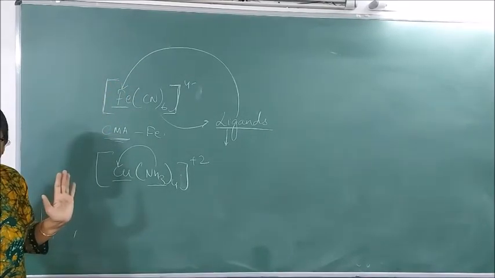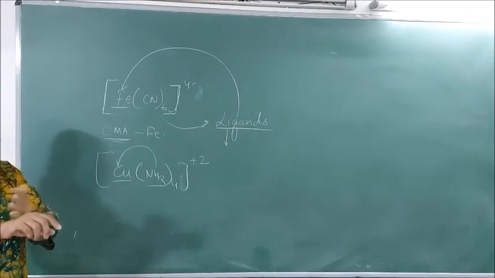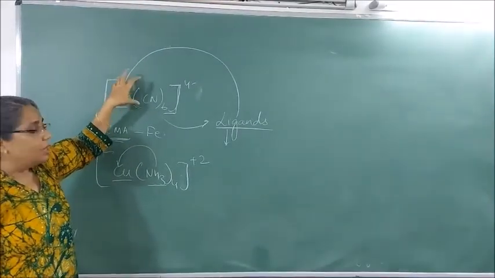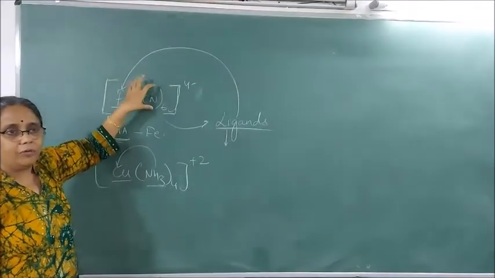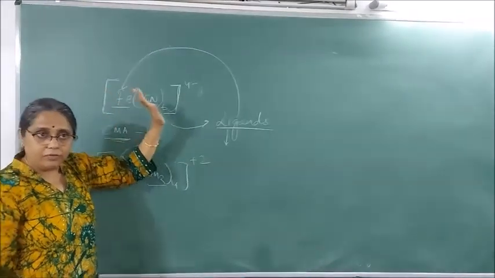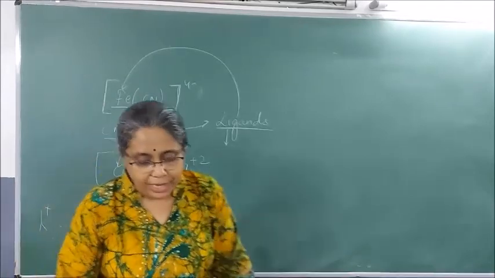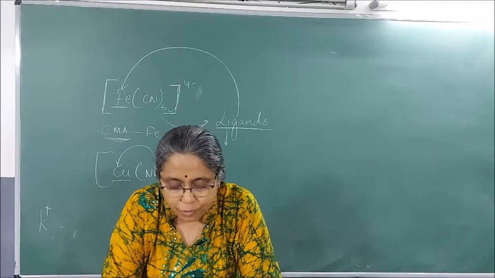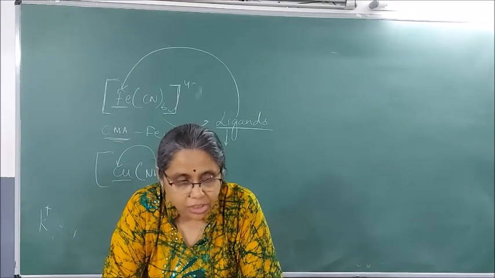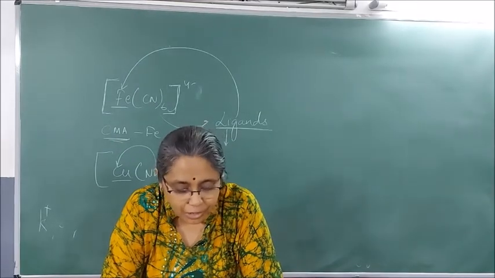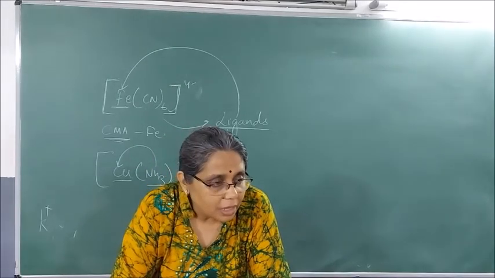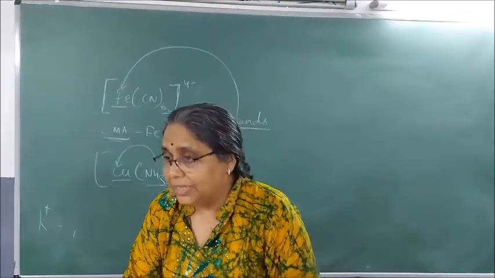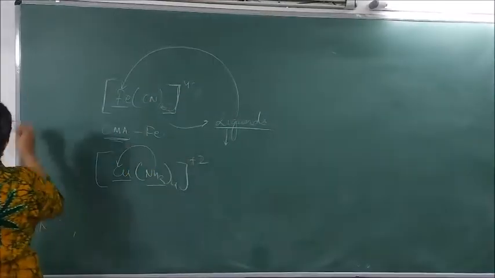So is coordination entity clear? It is always written within square brackets. It consists of a central metal atom. Surrounding it are fixed number of atoms or ions. Fine. Example not complete. Ni(CO)4, Pt(Cl)2(NH3)2, Fe(CN)6 4 minus, Co(NH3)6 3 plus. Correct? Now the second one. Central atom or ion. Central atom or ion basically comes from 3D series.